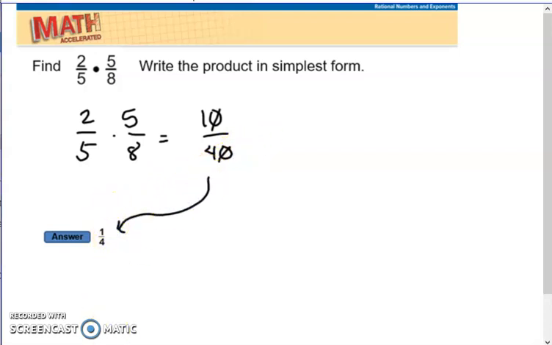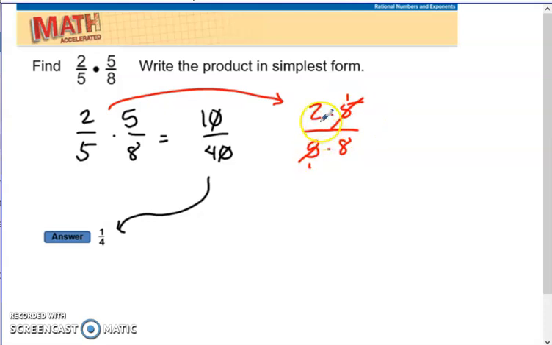Let me show you a little bit of a shortcut here, and if you're fine with it, that's fine. If you want to ignore this, then please do that. Notice that we've got a 5 and a 5. So when you really think about this, this was 2 times 5 over 5 times 8. So you could reduce some of these. Cancel those out. 5 goes into 5 one time, 5 goes into 5 one time. So you're dividing by 5, dividing by 5.